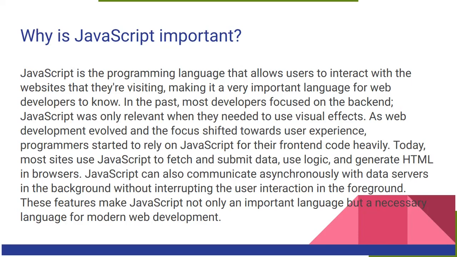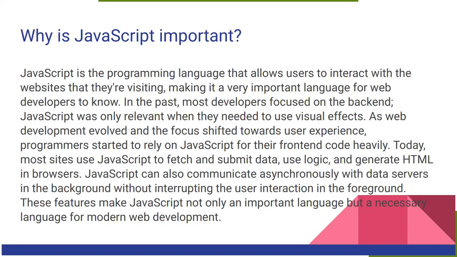JavaScript has evolved day by day to the server side. In the olden days, the traditional way, people used JavaScript only as a client-side language, but now we can use JavaScript on the server side as well.